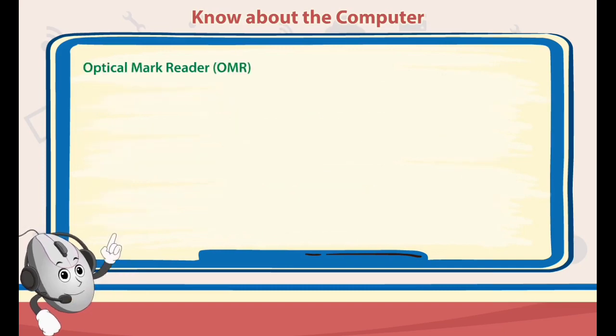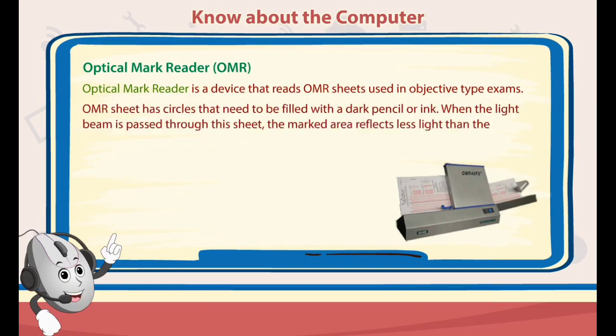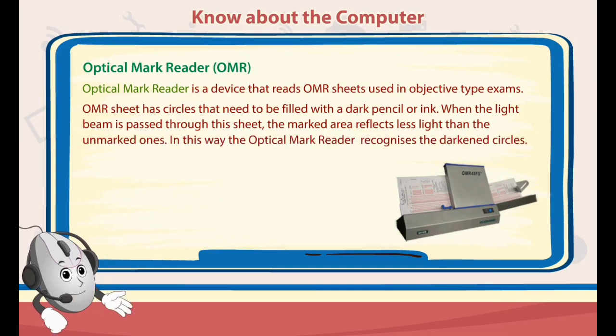Optical mark reader (OMR). Optical mark reader is a device that reads OMR sheets used in objective type exams. OMR sheet has circles that need to be filled with a dark pencil or ink. When the light beam is passed through this sheet, the marked area reflects less light than the unmarked ones.